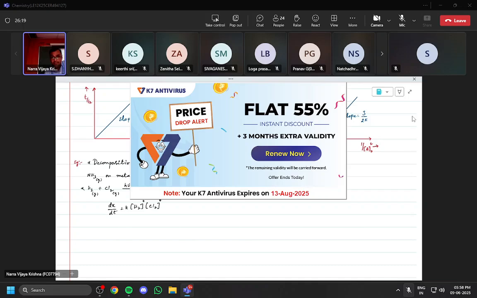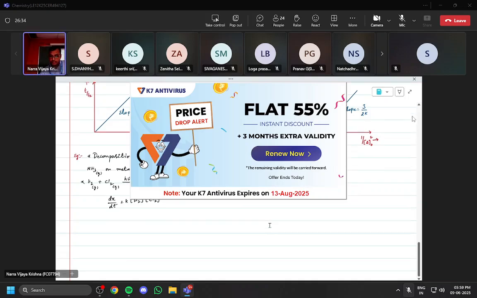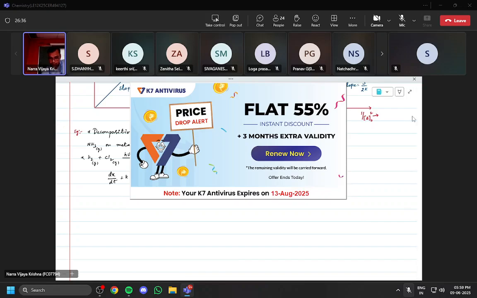Same way, one more reaction. Decomposition of NO2 gas. This is also an example for second order reactions, right? So NO2 gas on heating gives rise to NO gas plus O2 gas. So balance it: 2 moles of this, so 2 moles, 2 moles, 1 mole. Reaction got balanced or not?